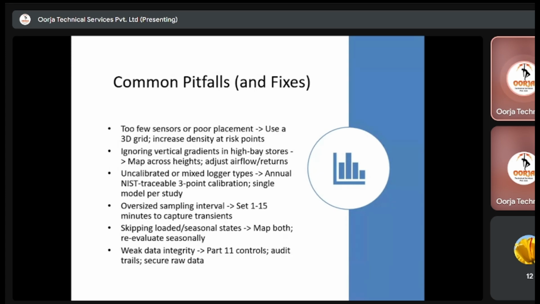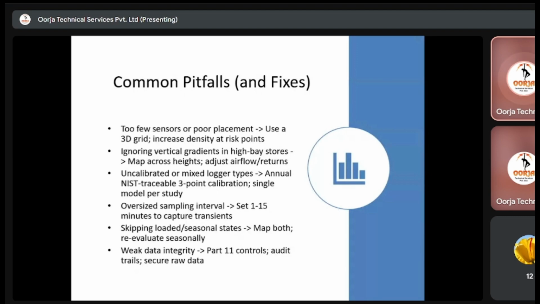And finally, weak data integrity. This is one of the most critical parts of record keeping, as everything is in digital form. During the recording, the data is not complying with Part 11 controls, which means if there is any variation or manipulation of data, it's very critical.